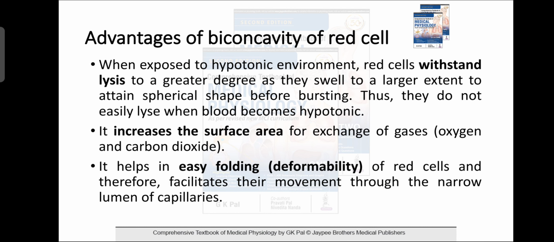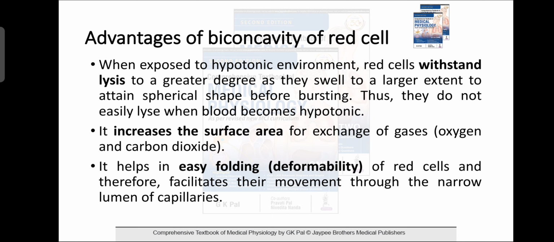What is the advantage of the biconcavity of the RBC? When exposed to a hypotonic environment, the RBC withstand lysis to a greater degree, as they swell to a large extent to attain the spherical shape before bursting. So they do not easily lyse when blood becomes hypotonic.